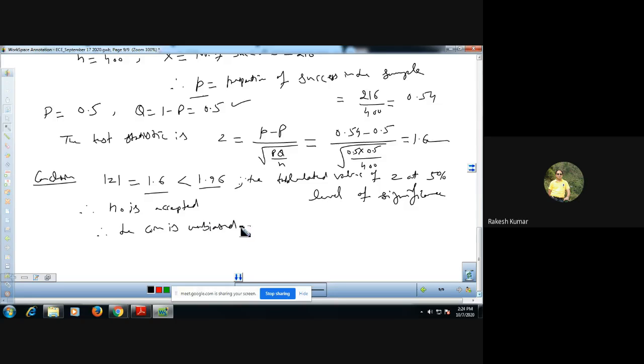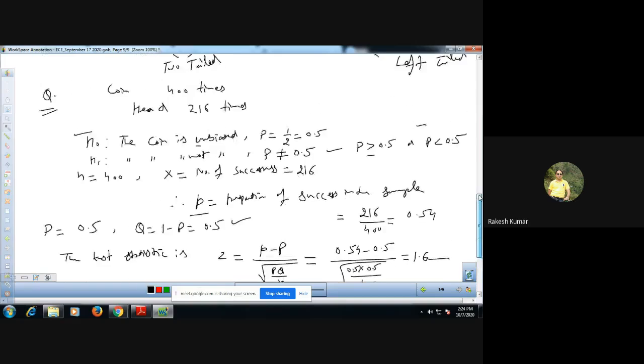So this is the conclusion we have got. Coin unbiased means the probability of getting a tail or a head is the same. This is the final conclusion we are getting from the sample, that the coin comes out to be unbiased.